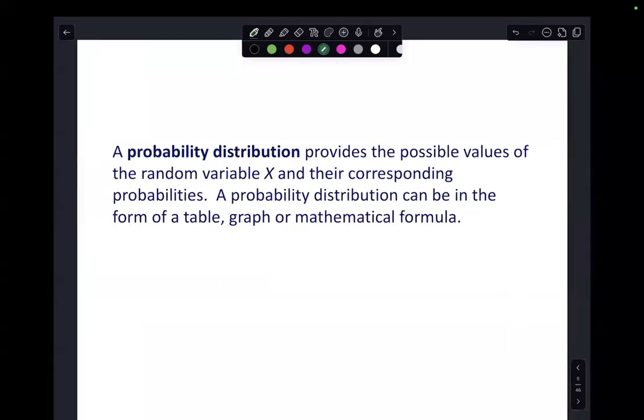All right. We learned, I believe it was last week, about probability distributions. So a probability distribution, this was actually last week. It was 5.3. It can be in that we use tables, graphs, or mathematical formulas.